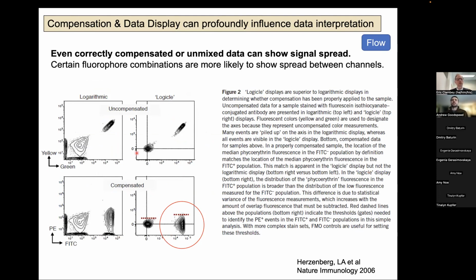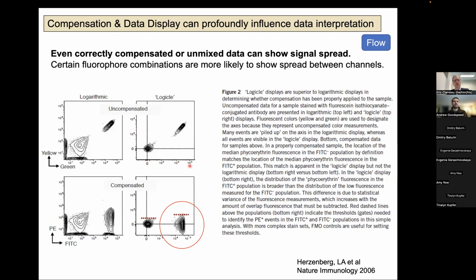And so here, I've already alluded to the fact that when you have neighboring fluorophores, basically you can get the emission to overlap. And so in this sample, on this top right plot here, the sample was only stained with an antibody in the green channel on the x-axis.